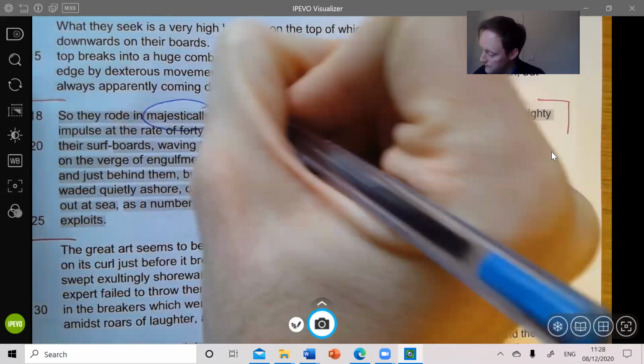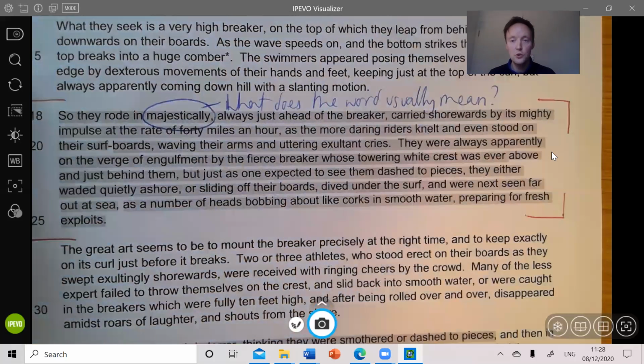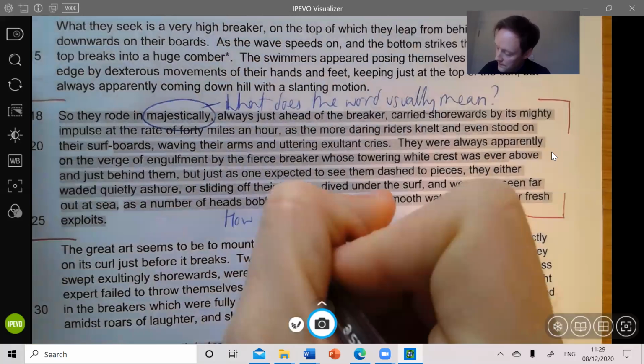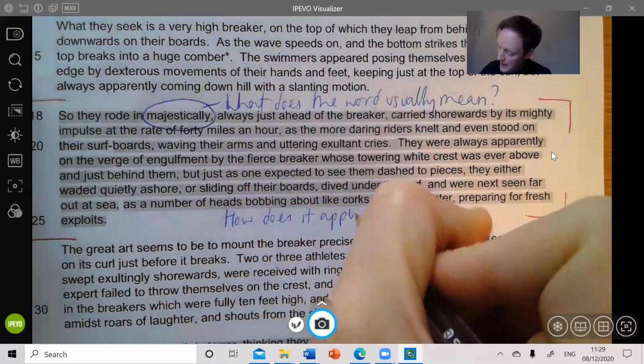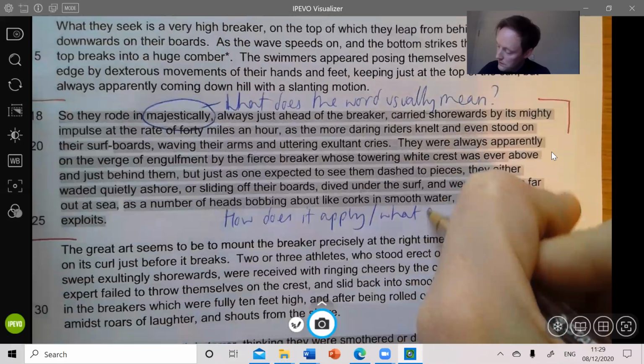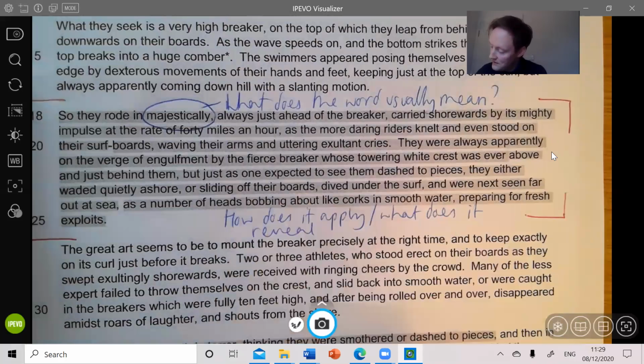The first question is, what does that word usually mean? What are its typical connotations? And then I'll write this just underneath. How does it apply, what does it reveal?